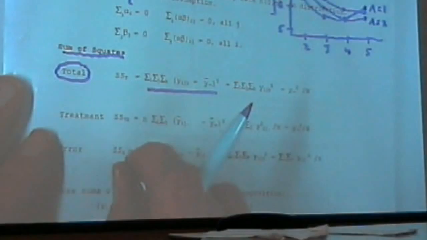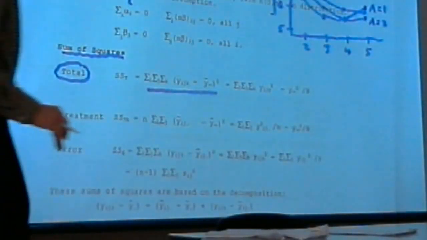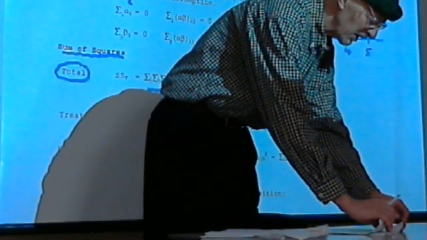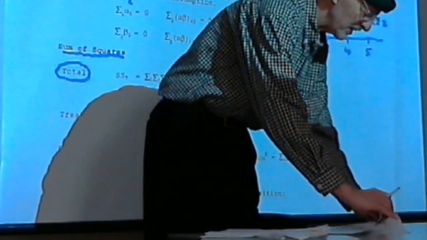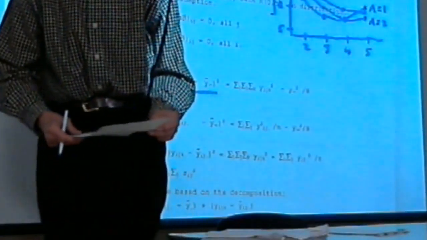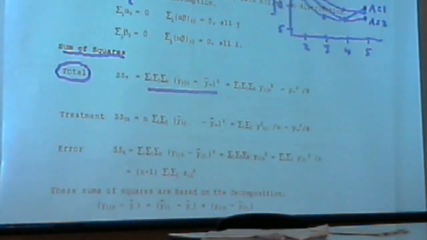It's going to take all the data, Yijk, difference from the overall mean, y bar triple dot, square those and add up. That's sum of squares total. So in a sense, no change there, although the formula was different because it's more complex. There's an extra subscript that's going on.